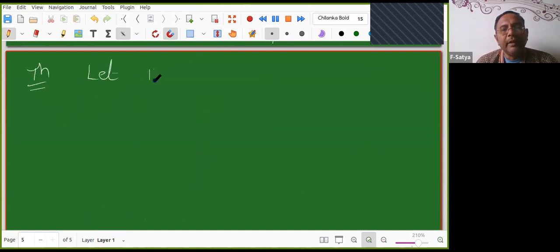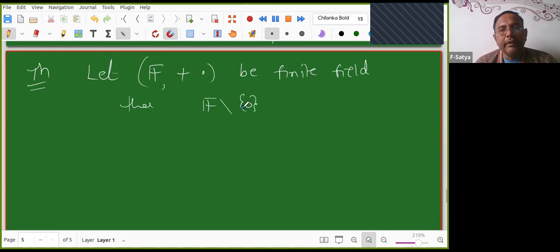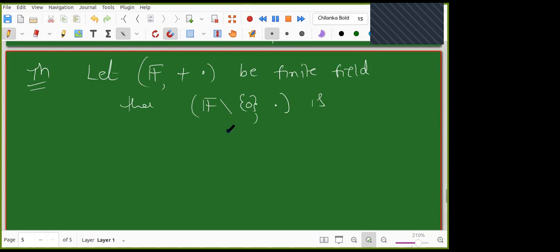Let F be a finite field. Then F minus 0 with respect to multiplication is already an abelian group. Can you say more?